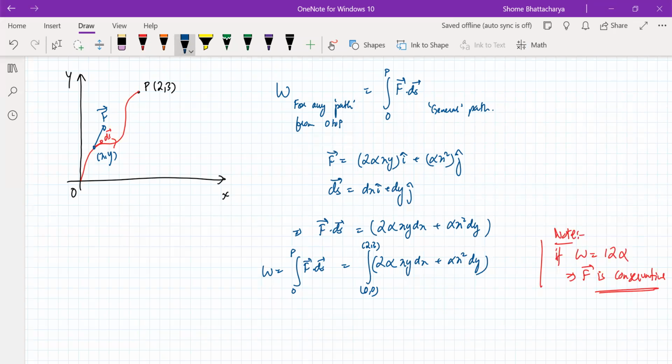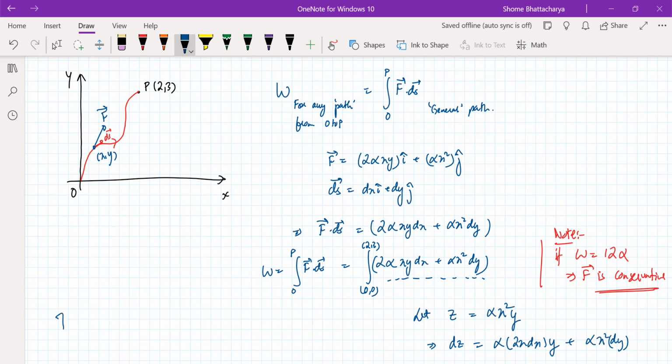Now we notice that this quantity has a kind of symmetry. If you just take a term z as alpha x square y, then you can see that dz is equal to alpha into 2x dx into y plus alpha into x square into dy by using the product rule concept.